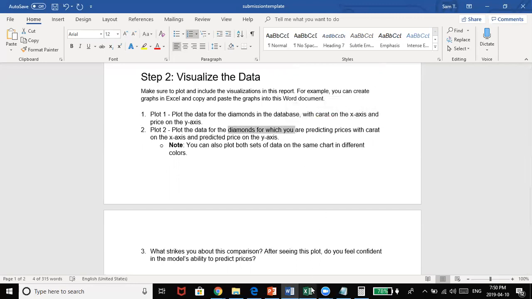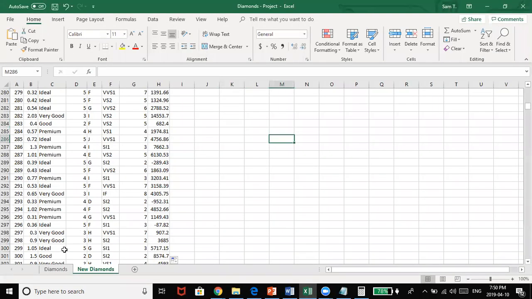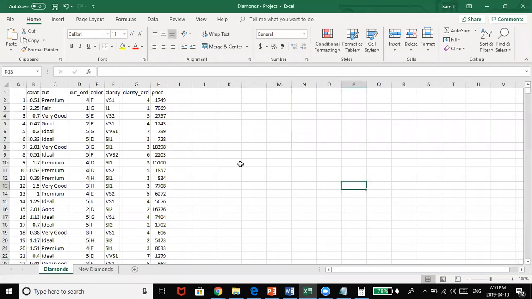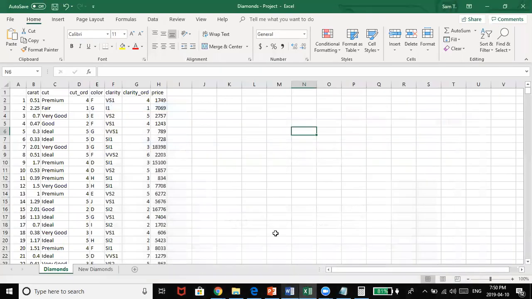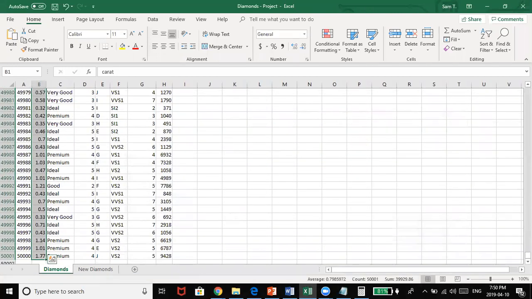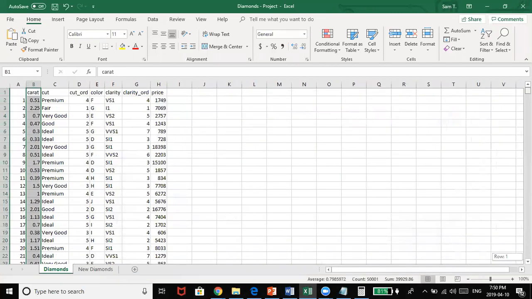That's another easy ask, because what you can do is basically go to Excel. Again, the question is about plotting the weight on the X and the price on the Y.